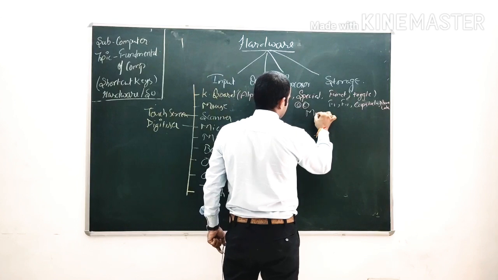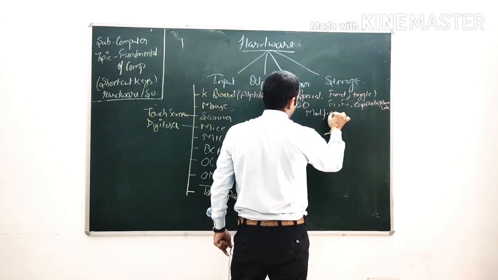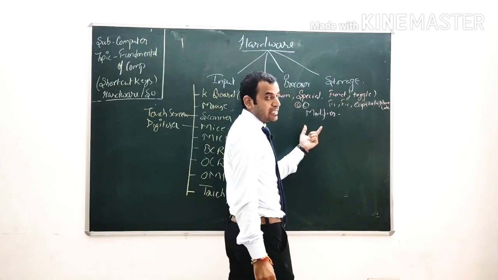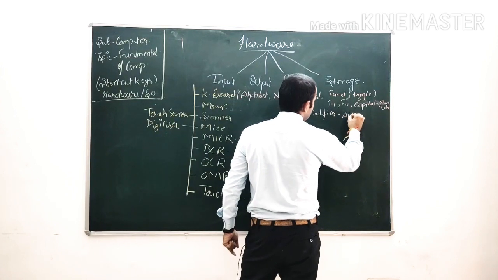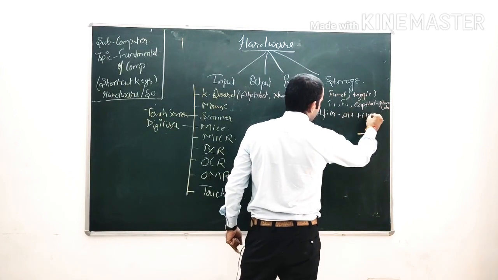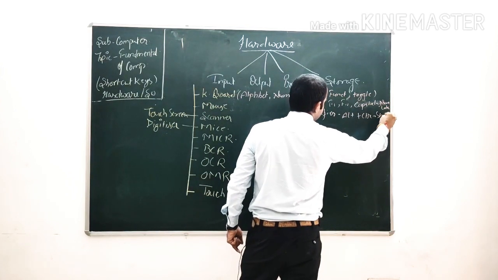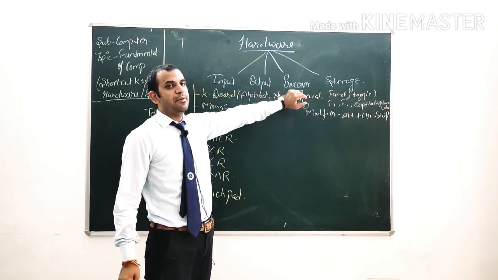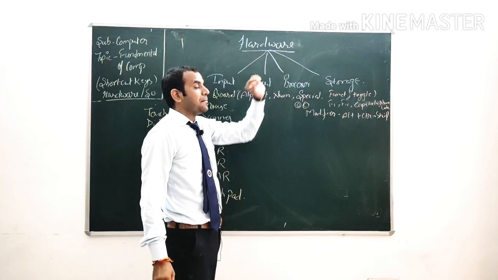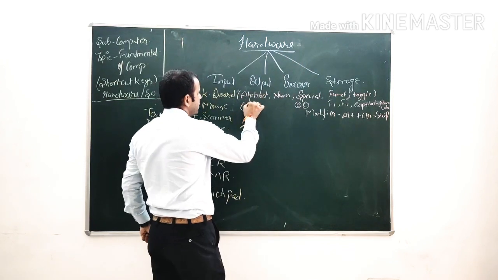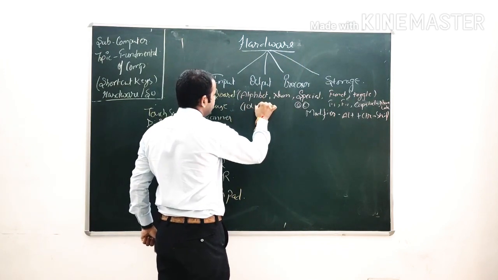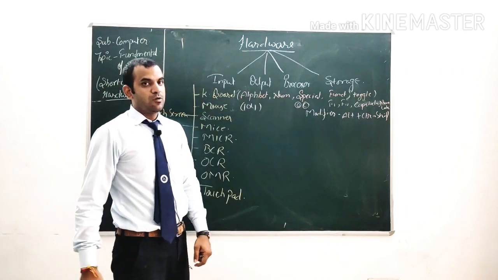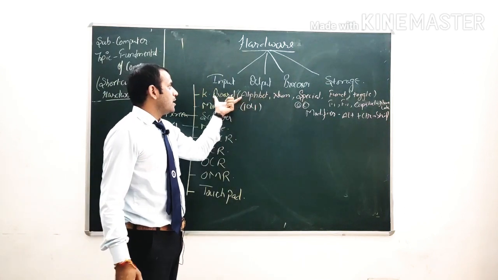Modifier keys, these keys are Alt, Control and Shift. Okay? These are the keys available in your keyboard. Basically in a standard keyboard, the number of total keys is 104. So this is the description of the keyboard.